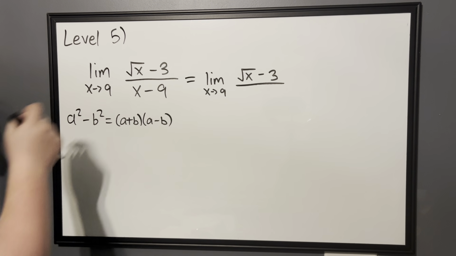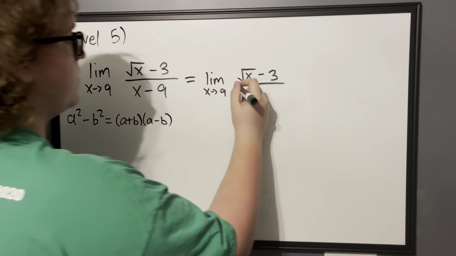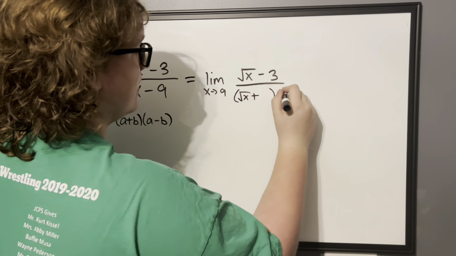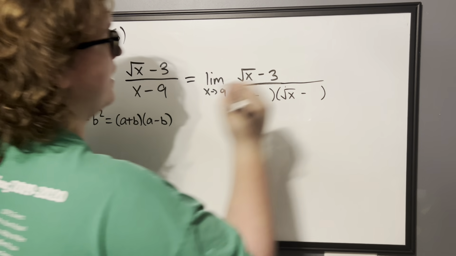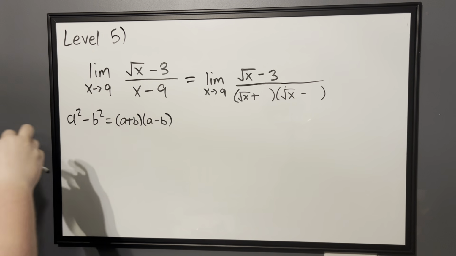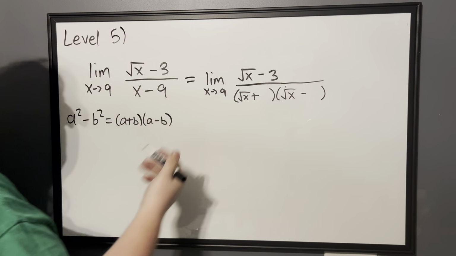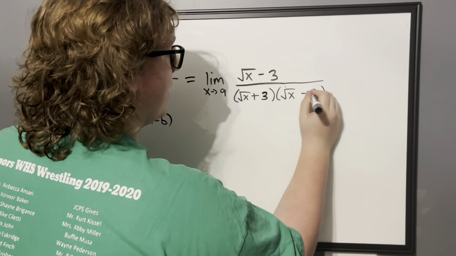If a squared is x, that means that a is going to be root x. So we know we're going to have root x plus something times root x minus something. That's going to be the factored form. Of course, b squared here is 9, which means that b is going to be 3. So we'll have root x plus 3 times root x minus 3.